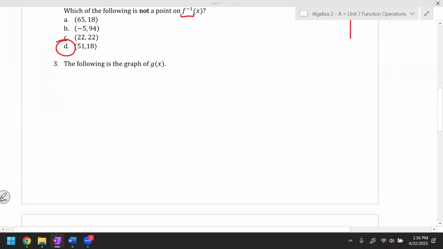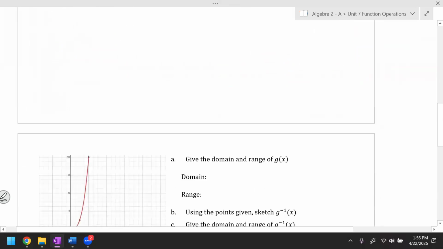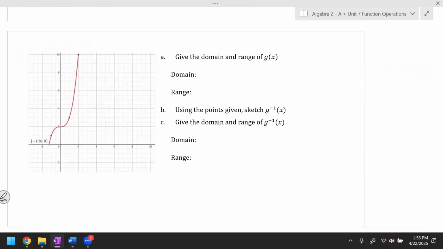All right, let's keep going to the other side. The following is the graph of g of x. Okay, so we have to go to the next page. Here's g of x. And we're asked for the domain and range of g of x. Now, I didn't specify this in some of the classes, so if people made a mistake here, I tried to be as lenient as possible, but actually, the graph of this function ends at these points here.